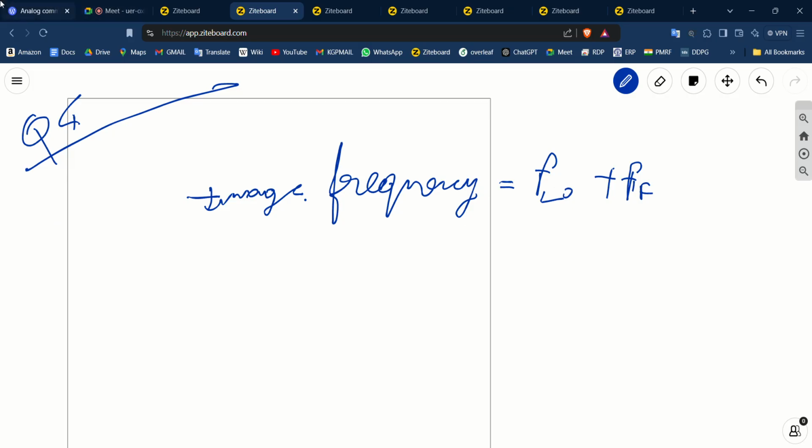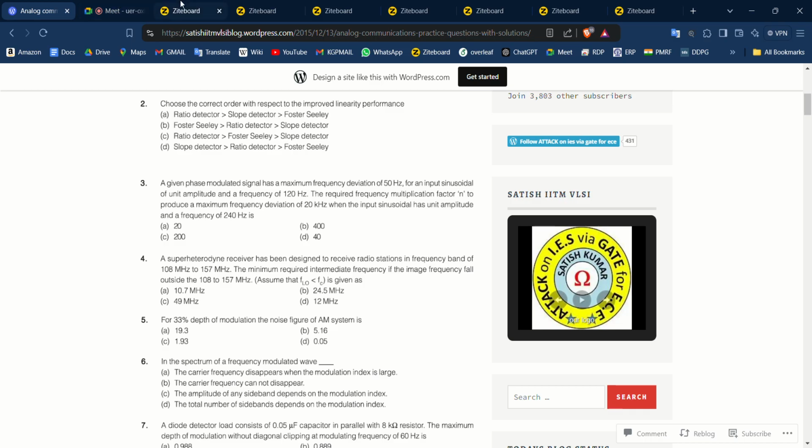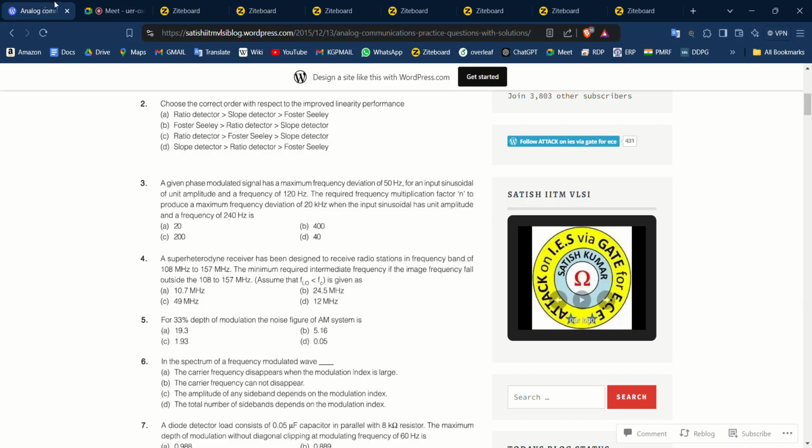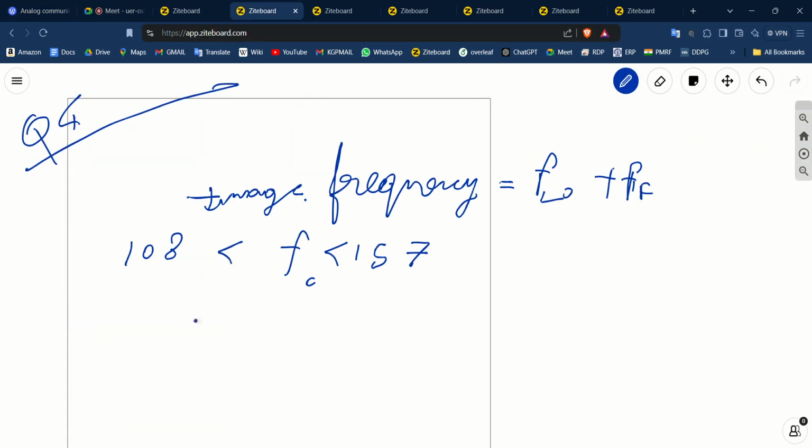Now we know that we are transmitting a signal between 108 megahertz and 157 megahertz. So we know for a fact that FC is between 108 and 157, and it is said that FLO is less than FC.